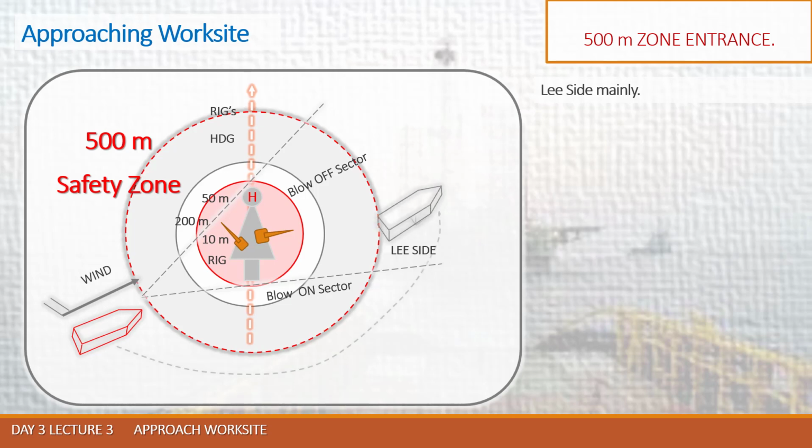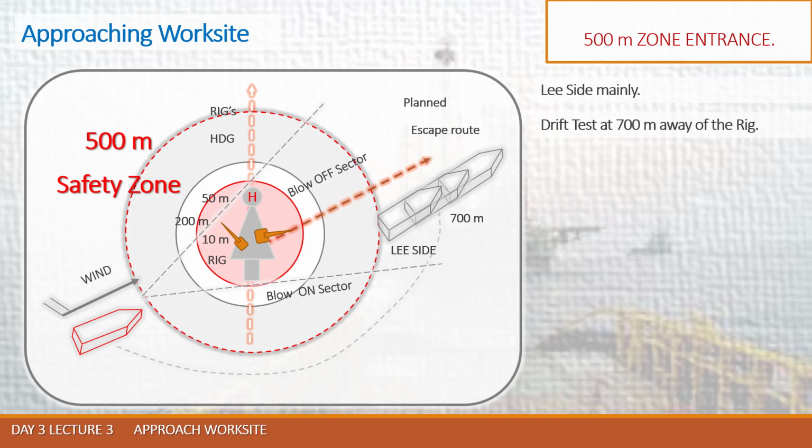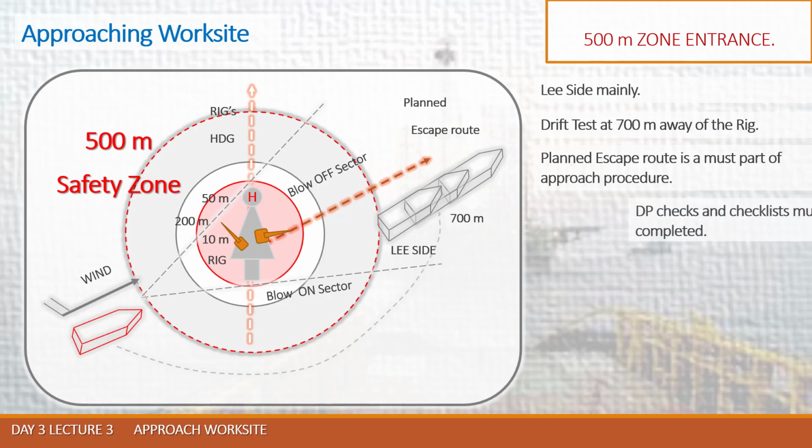Then the DP bridge team must plan the escape route for an emergency situation, and the escape route should be the least power maneuver route. Then all DP checklists and checks must be performed, recorded, and marked in the logbook.